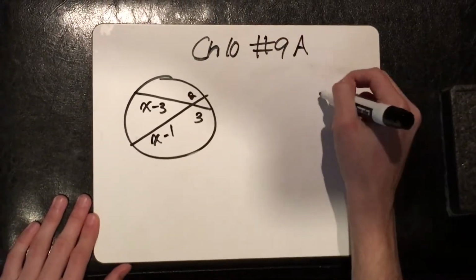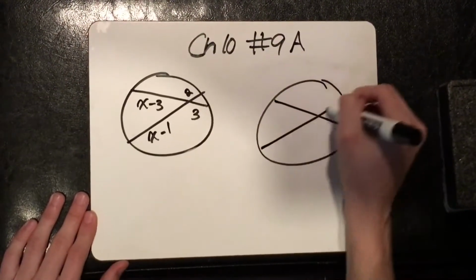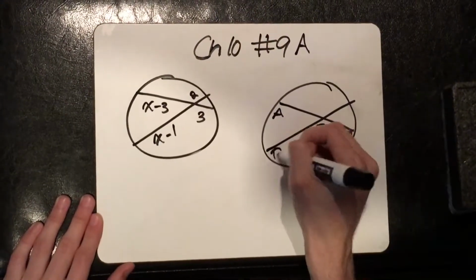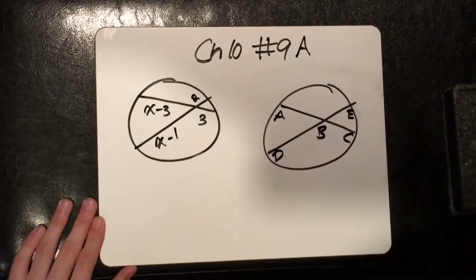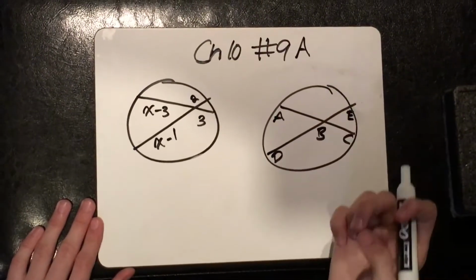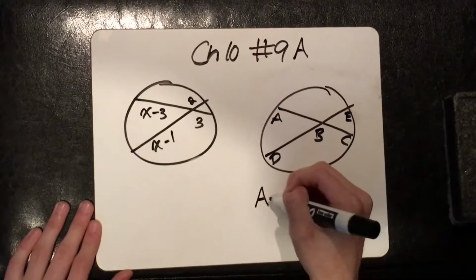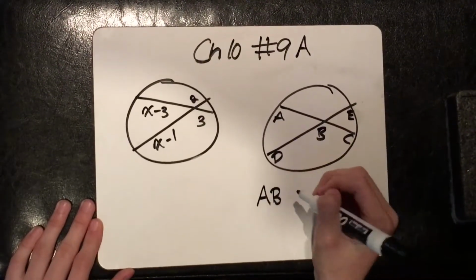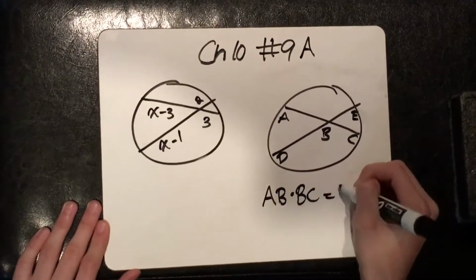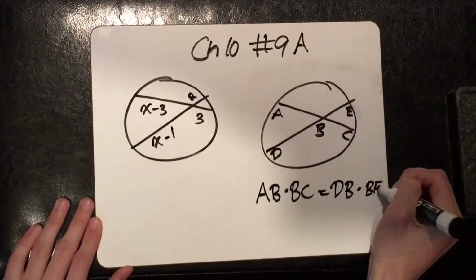So the chord power theorem is, here's an example of a chord. Let's call this point A, this point B, this point C, this point D, and this point E. If we were to solve this by using the chord power theorem, it would be AB times BC equals DB times BE.